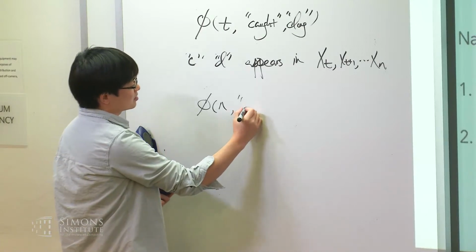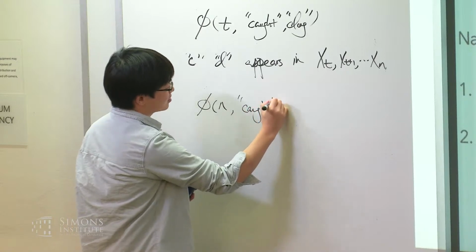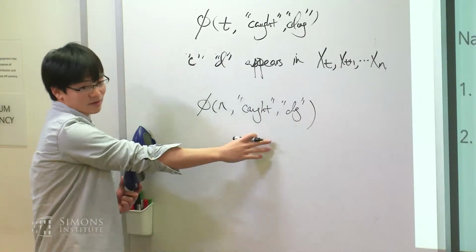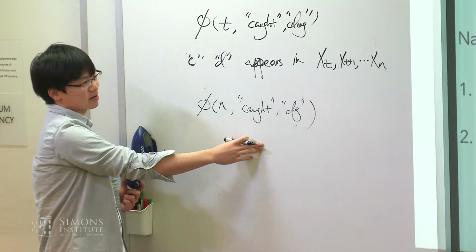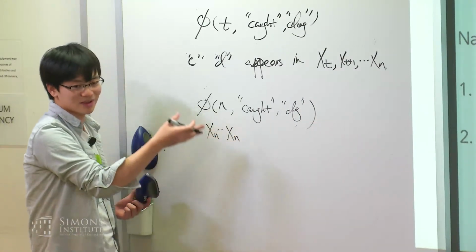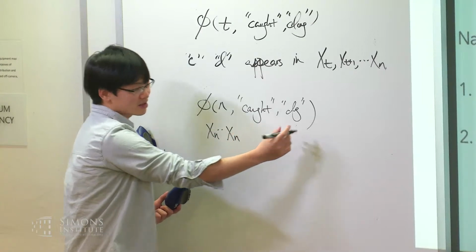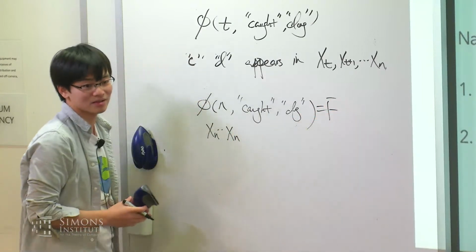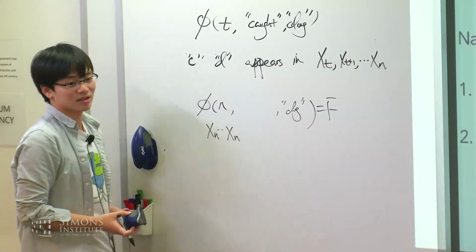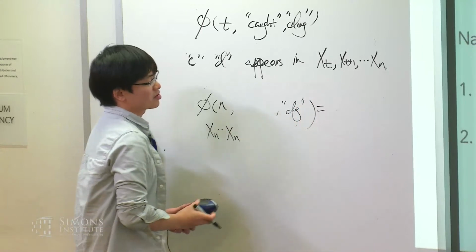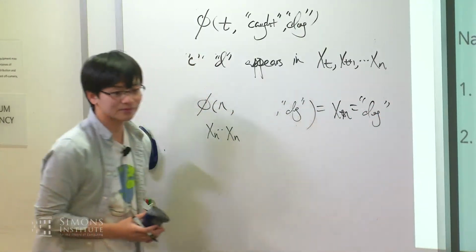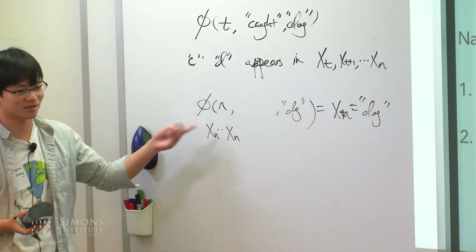So phi_n, okay, what is this formula? It means that from x_n to x_n, we need to have cat and dog. So this is false, right? 0. What if we only have dog? So this is true only if x_n equals dog. Okay, so yeah, those are the base cases.